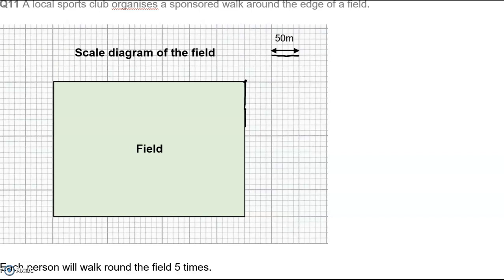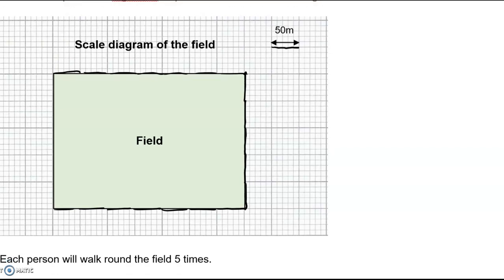We've got 1, 2, 3, 4, 5, and 5 on the other side. That makes 10. Now 10, 11, 12, 13, 14, 15, 16, 17, 18, 19, 20, 21, 22, 23, 24. So 24 lots of 50 meters.